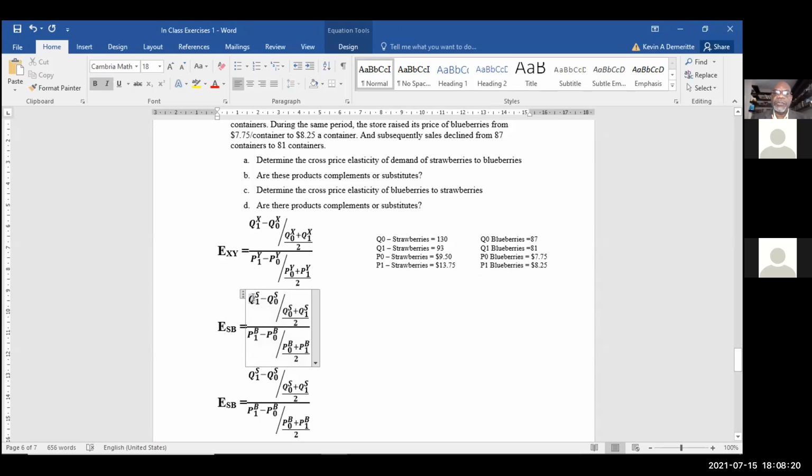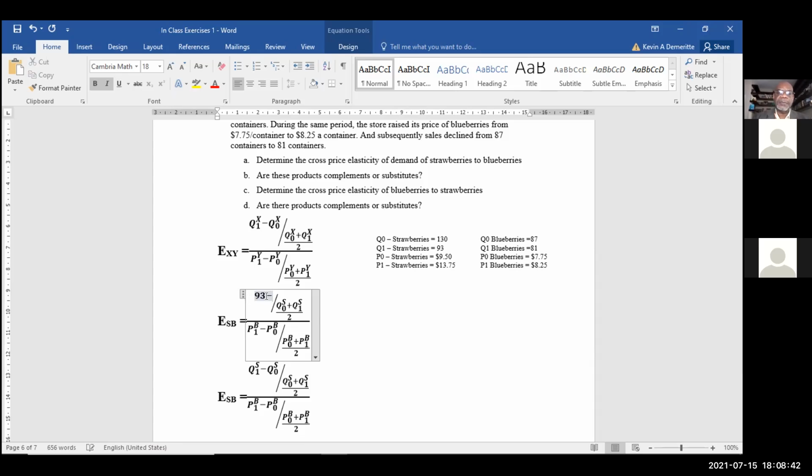New quantity for strawberries would be 93, and original quantity for strawberries is 130. Right, that's correct.